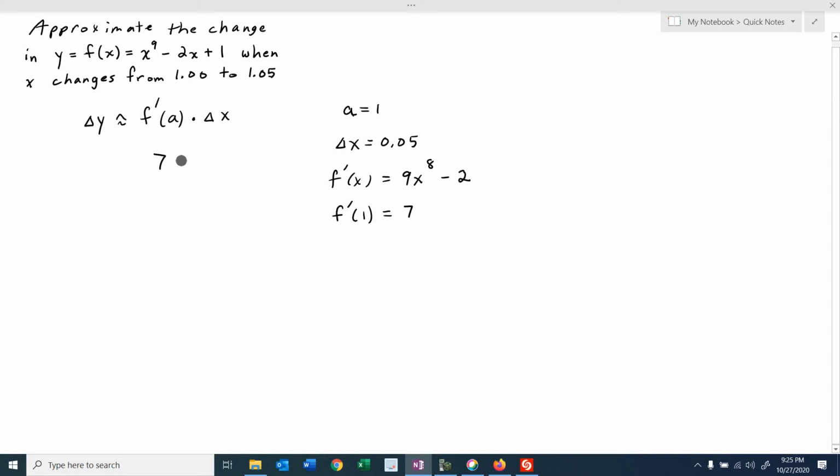And so you're going to multiply that slope by the run. The run in this case is 0.05. And this is going to give you the rise that occurs on the tangent line as you make this run. And that's approximately the same as the change in the y value that occurs on this function as you go from x equals 1 to x equals 1.05. Okay, so in this case, it looks like you get 0.35.